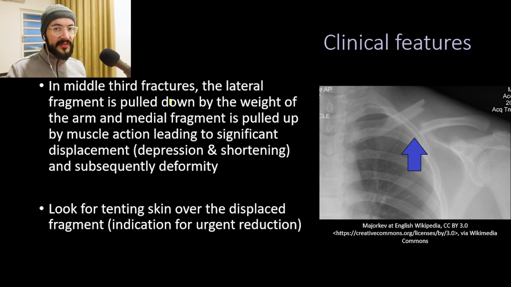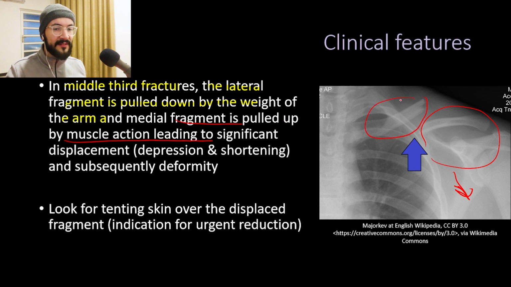And also in the middle third fractures, and also in some of the lateral third fractures, the lateral fragment is pulled down by the weight of the arm, as we mentioned before. So the lateral fragment here is pulled down by the weight of the arm, and the medial fragment is pulled up by the muscle action.